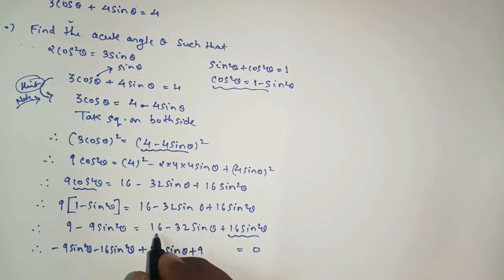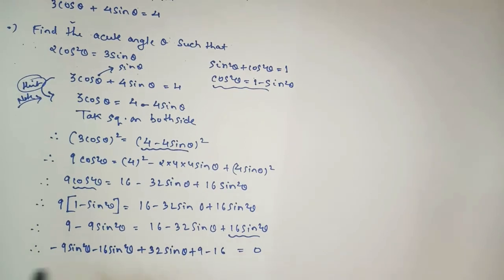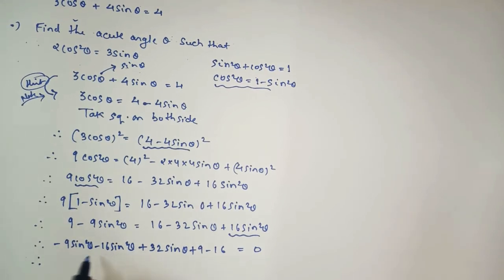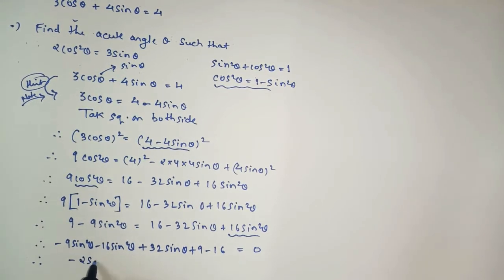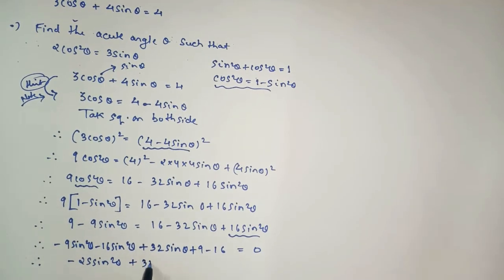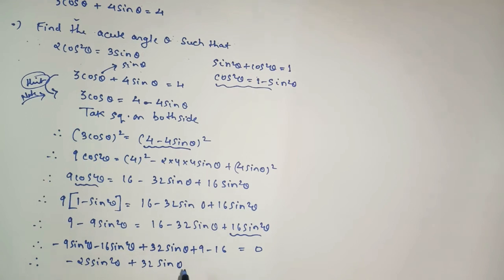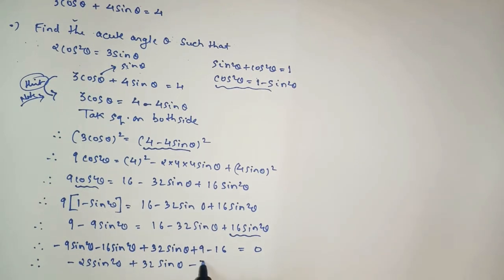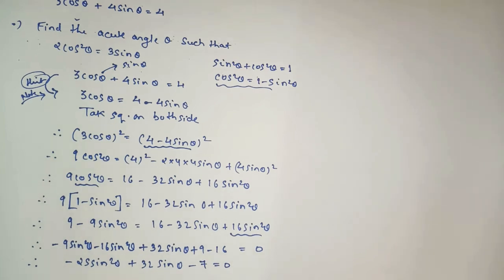Then 9 plus 16 to the left hand side. Here you will get minus 25 sine square theta plus 32 sine theta, and 9 minus 16, here you will get minus 7 equals to 0.